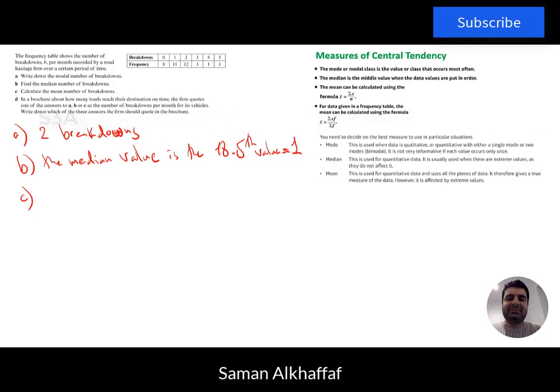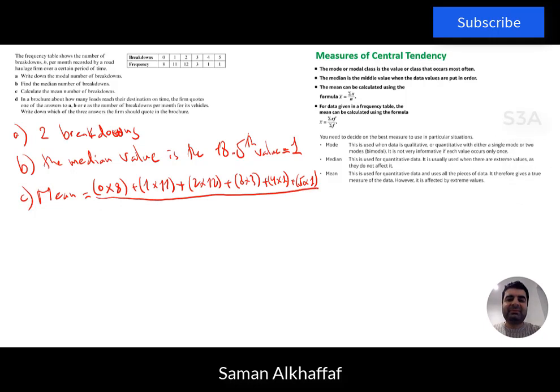So we say mean equals 0 by 8 plus 1 by 11 plus 2 by 12 plus 3 by 3 plus 4 by 1 plus 5 by 1, and all divided by the total of the frequency, which will be 36.